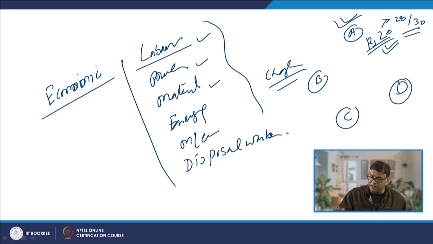At such a high cost, the salability of the product may get reduced, and the demand may get reduced. So, in that situation, location A may not remain economically attractive for manufacturing a particular product.